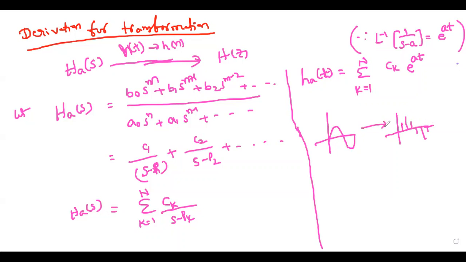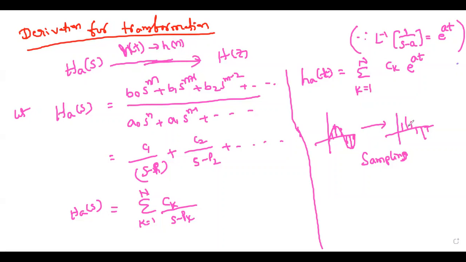How to get this? By doing sampling. If you do sampling, the analog signal will be converted into discrete.